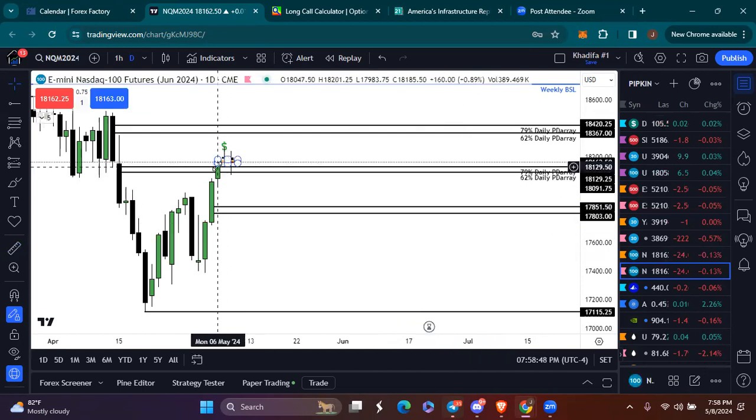I told you guys on Monday night that we had already pushed through NQ PD array levels, as opposed to ES, which hadn't reached its PD array levels yet. And so I told you guys I expected us to pull back down into those discount array levels of Monday's candle and see how price reacts.